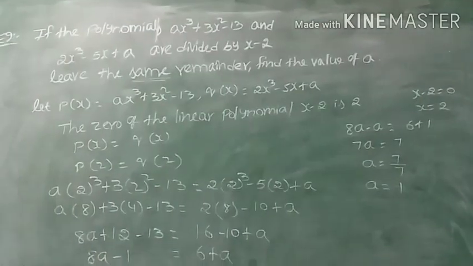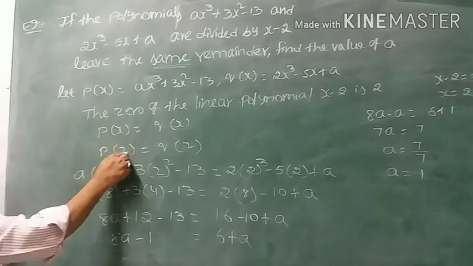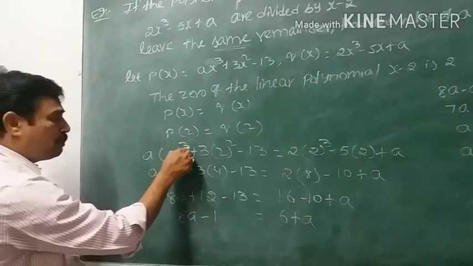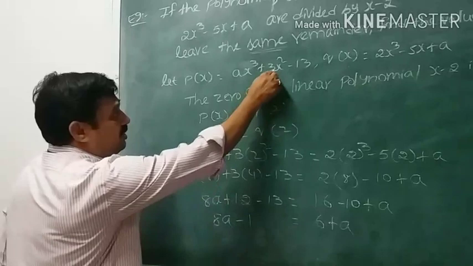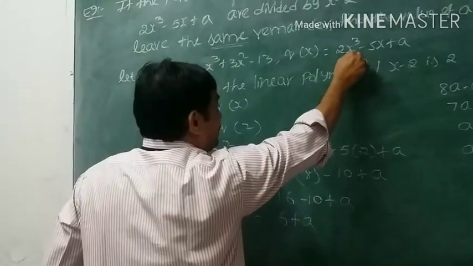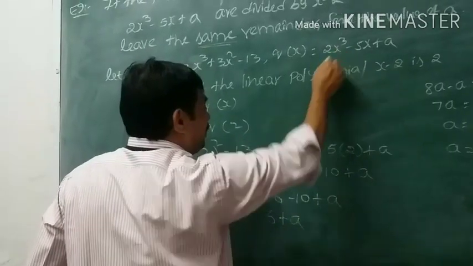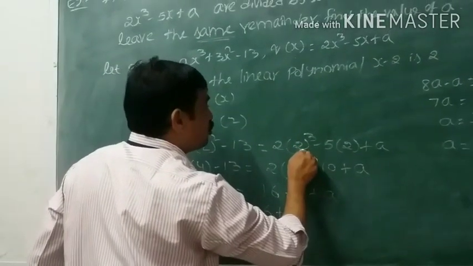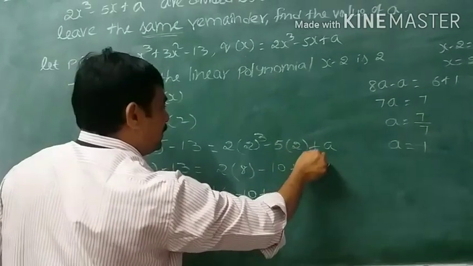Now let me verify again. In place of x we substitute 2. So 2 cube plus 3 into 2 square minus 13 is equal to, similarly, 2 into 2 cube minus 5 into 2 plus a.